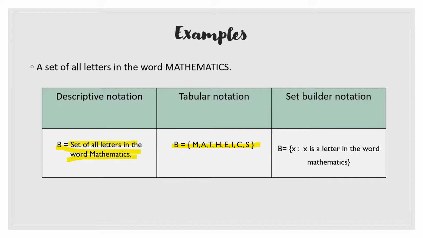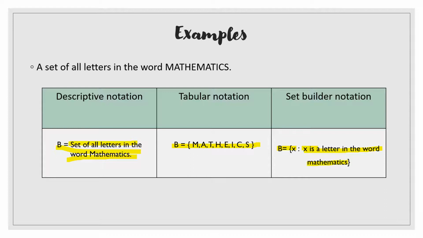And in set builder notation, we write elements in the form of X. So B is a set of elements X such that X is a letter in the word mathematics. So here the elements are the letters, and we have written a condition here that X is a letter in the word mathematics. So I hope all three notations are clear now.